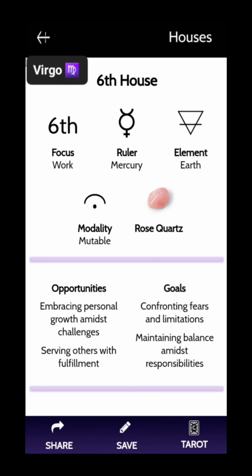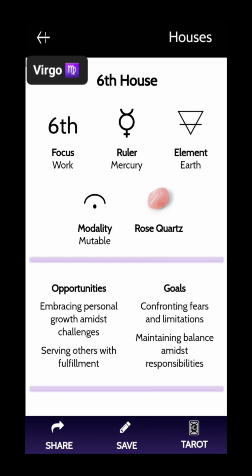The sixth house is ruled by Virgo. Virgo's ruling planet is Mercury. The sixth house is health, daily routines, daily work, debts. Some people say that it's debts and co-workers.